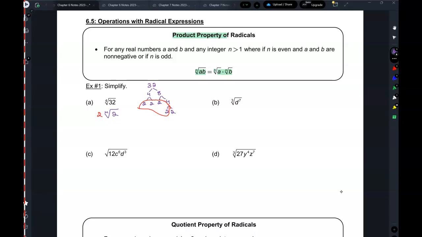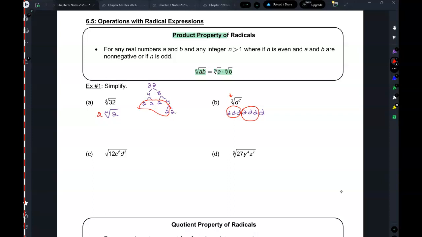If I have d to the 7, that means inside I have 7 of these d's, right? 1, 2, 3, 4, 5, 6, 7. Now, if this is a cube root, how many am I going to group them by? By 3's. So look, this is one group of 3's that comes out. This is another group of 3 d's that comes out. This one doesn't have enough partners, so he's got to stay in.